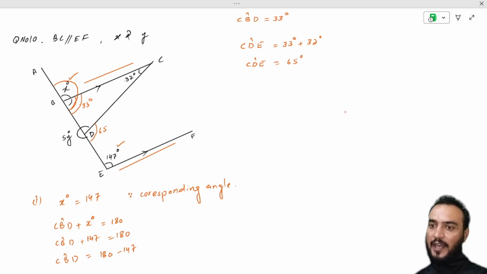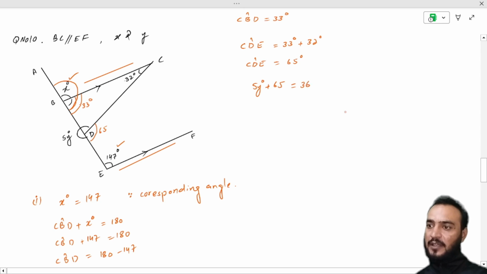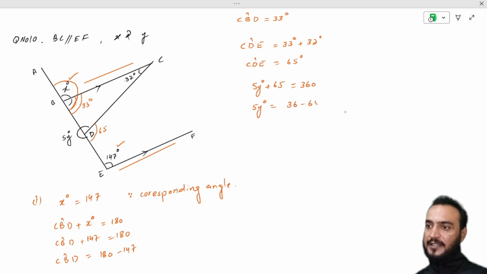Now 5y plus 65 degrees equals 360 degrees. 5y degrees plus 65 degrees, because 5y is a reflex angle and 65 is an acute angle, so the sum of these two angles is equal to 360 degrees. So 5y degrees equals 360 minus 65.